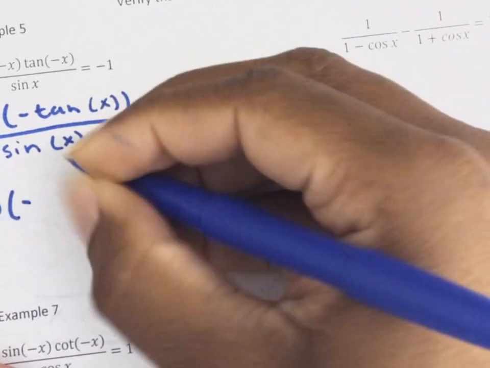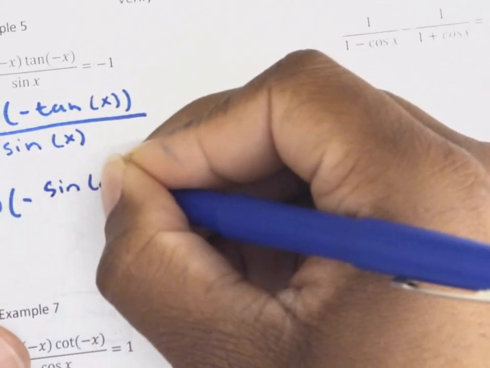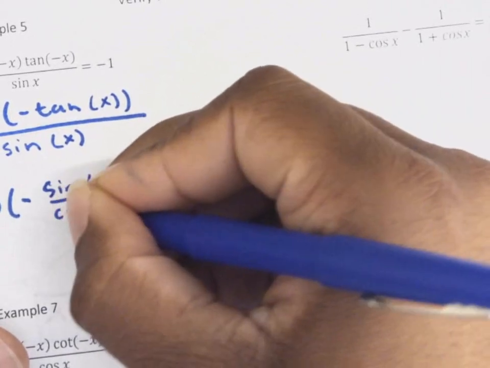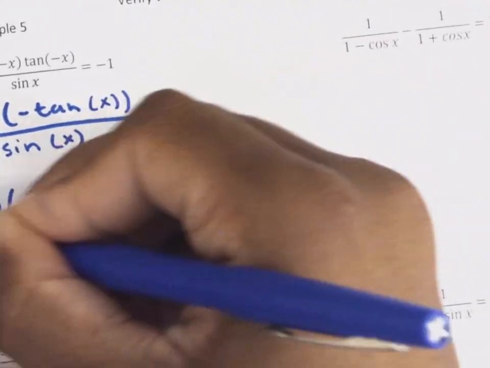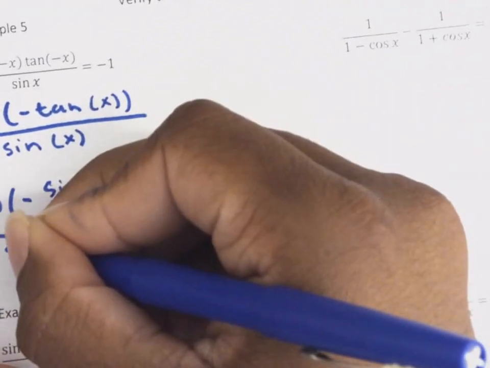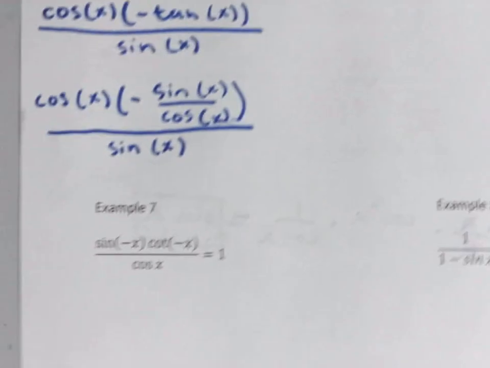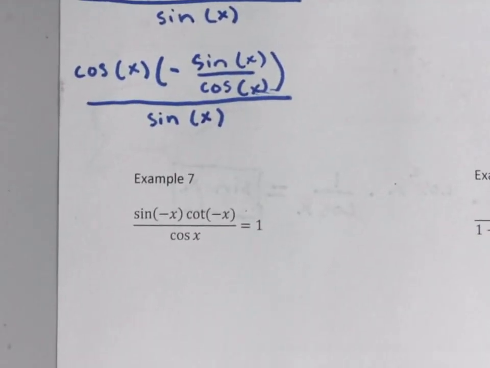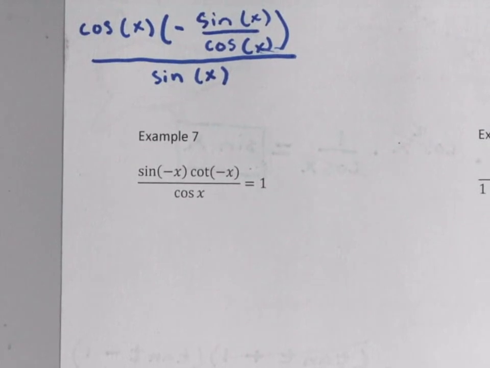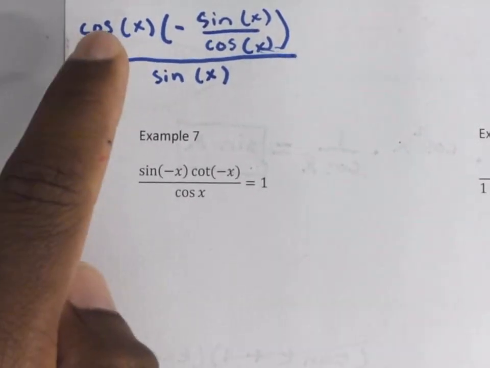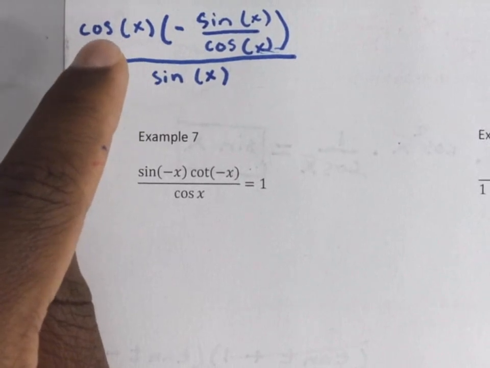I will change this to negative sine of x divided by cosine of x, all divided by sine of x. So the cosines cancel, right? Yes they do. And then you would be left with negative sine over sine, which is negative 1. So there we go.